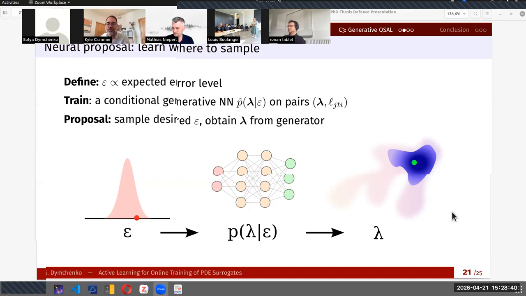But what is very good about loss is that you get it for free just during the training. Compared to uncertainty, for pool-based methods you can have all of these initial sampling points, and then you would need to calculate the uncertainty for all of them and then select the best one.